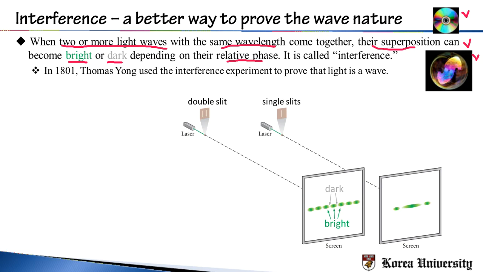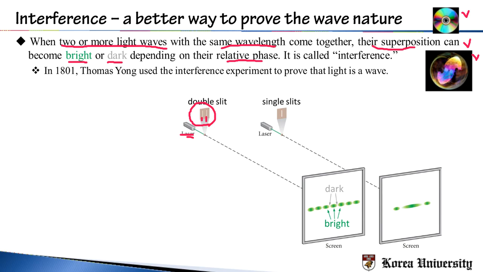This is how in 1801 Thomas Young proved that light is a wave. What Thomas Young performed was the famous double slit experiment. There was no laser in his time, but he prepared light of a single wavelength and let it pass through a double slit with two narrow openings.